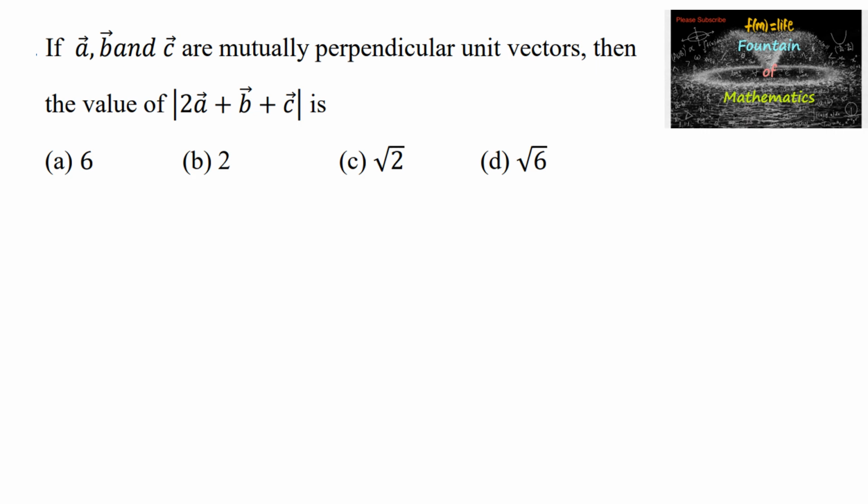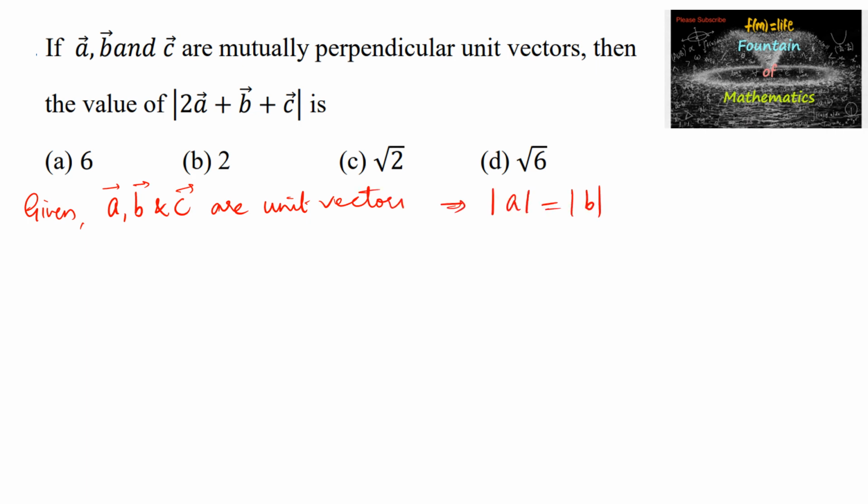If vector A, vector B and vector C are mutually perpendicular unit vectors, then find the value of mod of 2 times A plus B plus C. So given A, B, C are unit vectors, which implies we can say mod A, mod B, mod C is equal to 1, and they are mutually perpendicular.